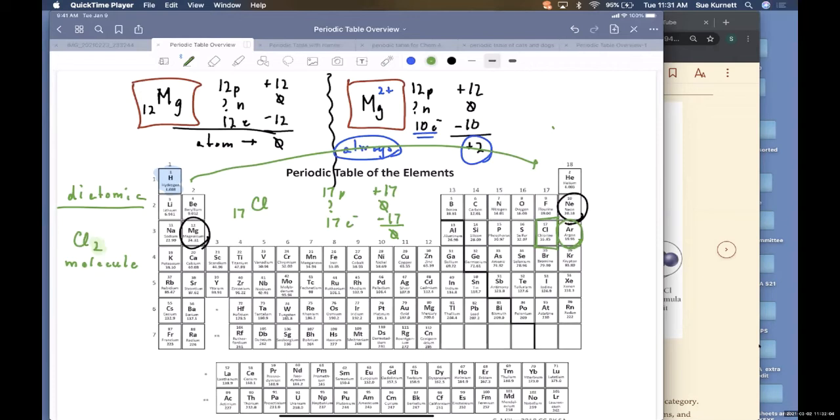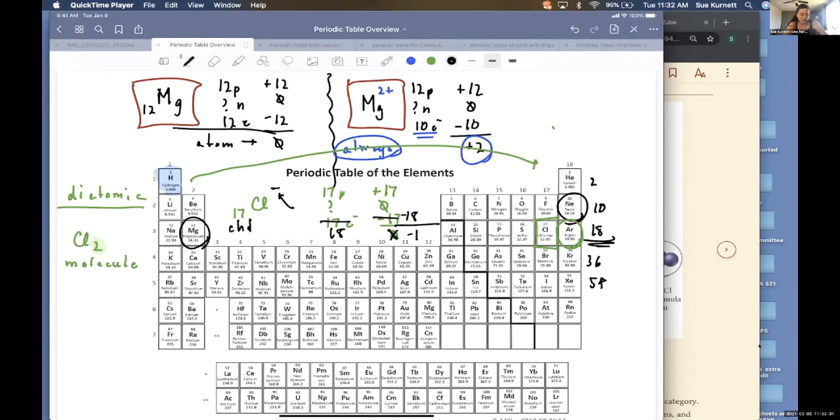There's something super stable about having 2, 10, 18, 36, 54. So it'll become like argon. It doesn't become argon, but when it gains an electron to have 18, it now has a negative charge. 17 minus 18 is negative 1. This is now called chloride.